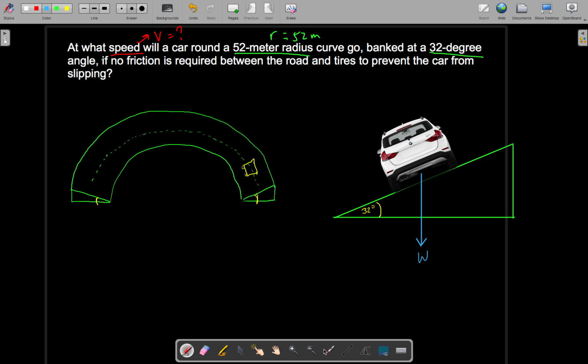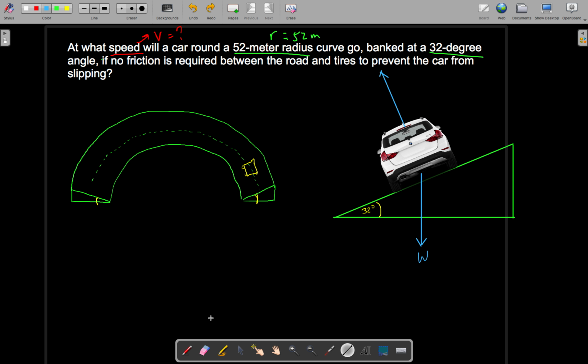We are also given the normal force, which goes like this. So it goes in that direction. Keep in mind the normal force always goes perpendicular to the surface. So you see how the normal force produces this perpendicular angle to the surface that it's on. That's what you're seeing right there.